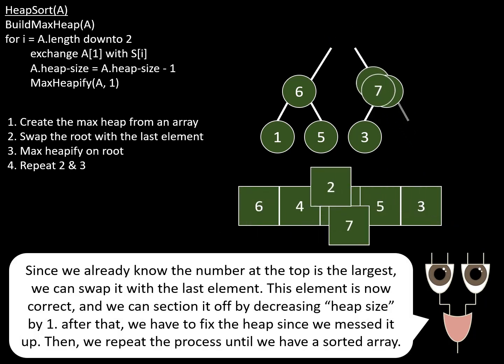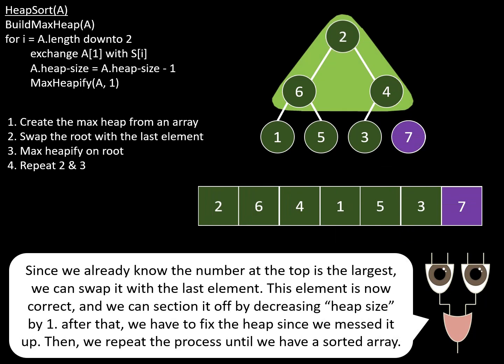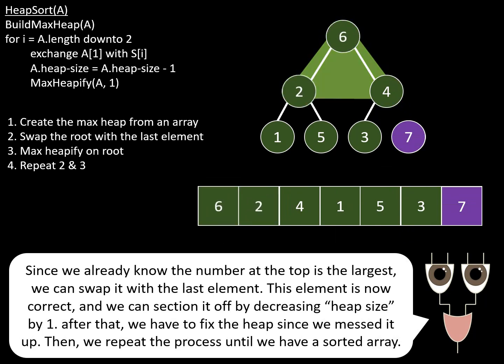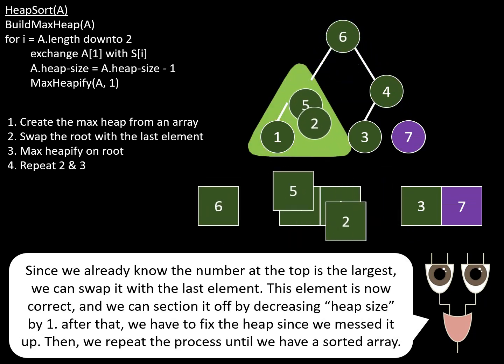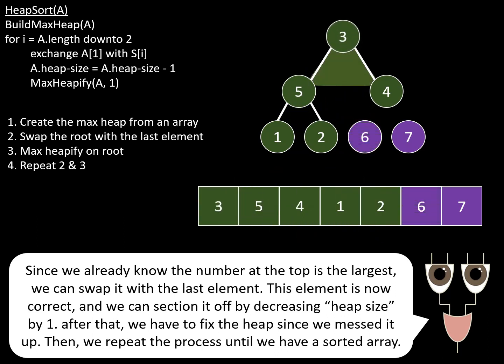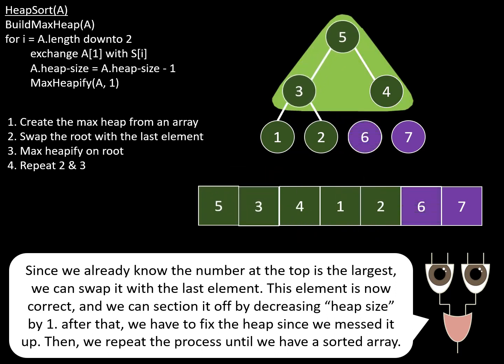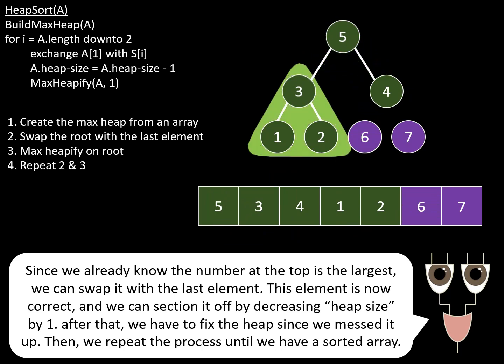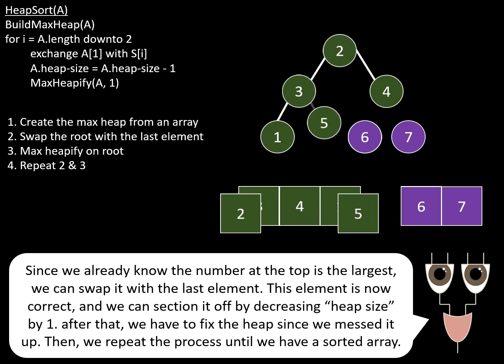Since we already know the number at the top is the largest, we can swap it with the last element. This element is now correct, and we can section it off by decreasing heap size by 1. After that, we have to fix the heap since we messed it up. Then we repeat the process until we have a sorted array.